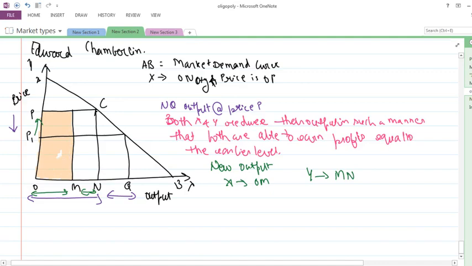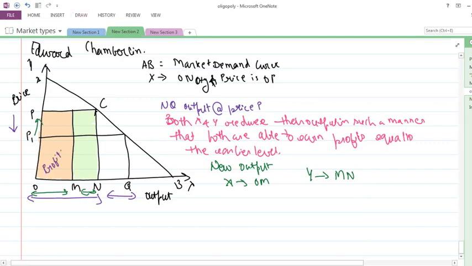This is the profit of X, and we'll be seeing the profit of the other company, that is firm Y. This light green color shaded area is the profit of Y. So let's write also on it.